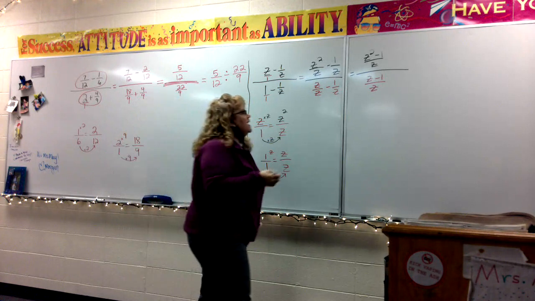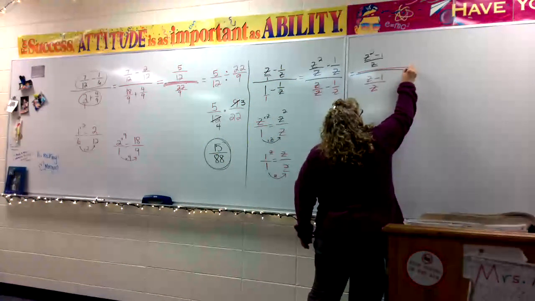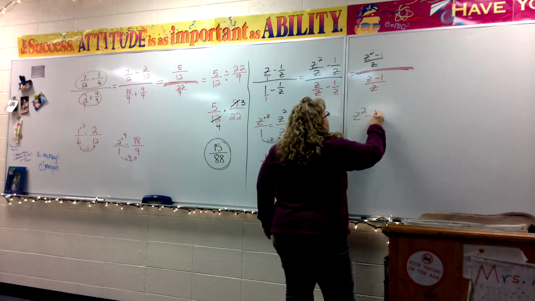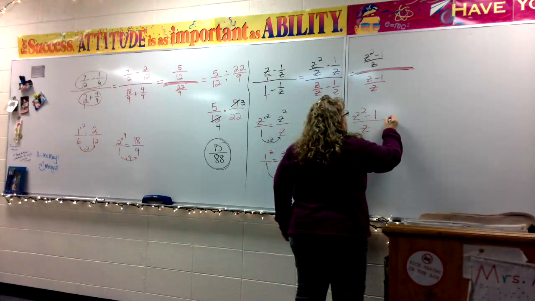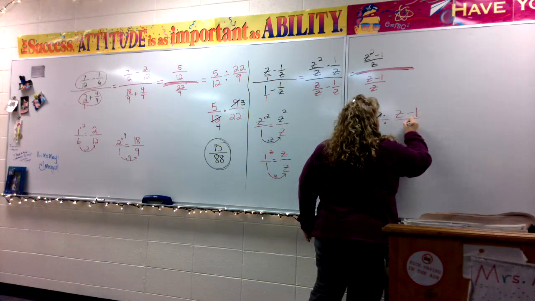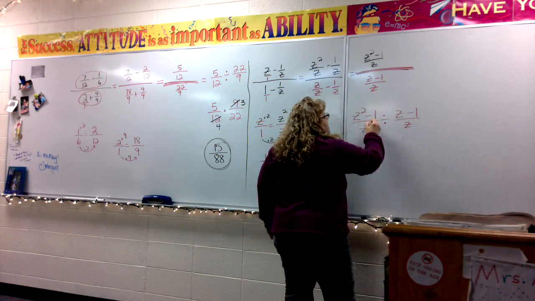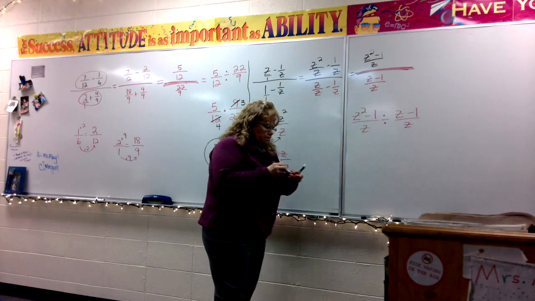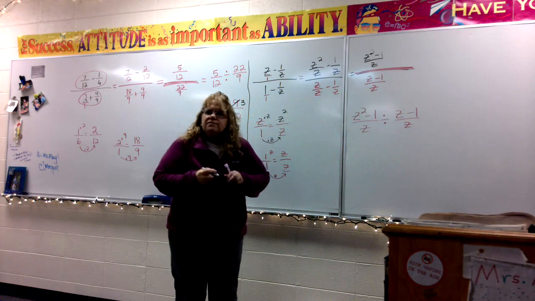And now it's a divide problem. So it's z squared minus 1 over z divided by z minus 1 over... it's the top thing divided by the bottom thing. How do you divide fractions?